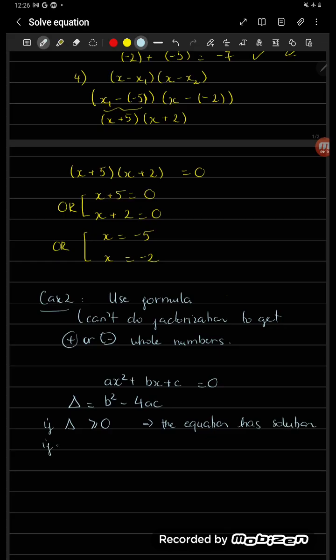And if delta is smaller than 0, then the equation does not have a solution as a real number.